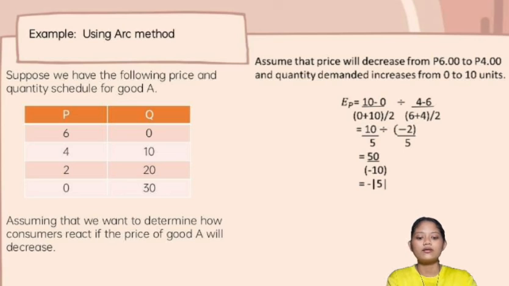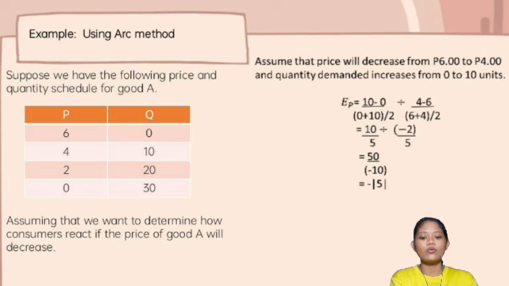So 10 minus 0 is 10. Then 0 plus 10 is 10 divided by 2, that is 5, and divided by 4 minus 6 is negative 2 over 5. That is the answer, and 6 plus 4 is 10 over 2.